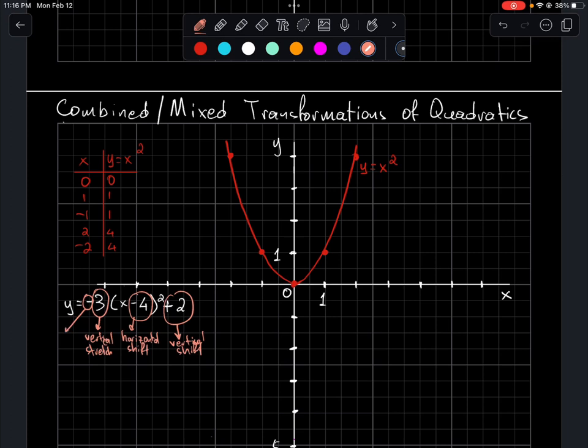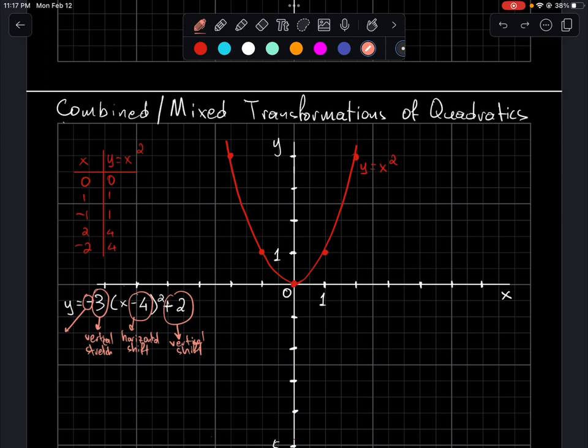Then this negative, it's also vertical. It would be horizontal if it was attached to the x, and it has its own parenthesis, or even without the parenthesis, because it's already inside the parenthesis. This negative in front of x would signify horizontal transformation.